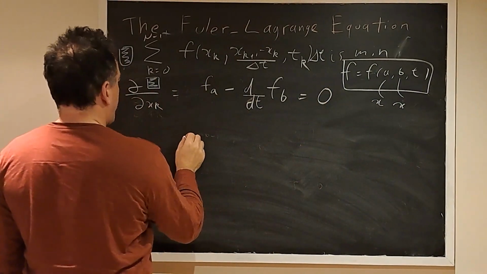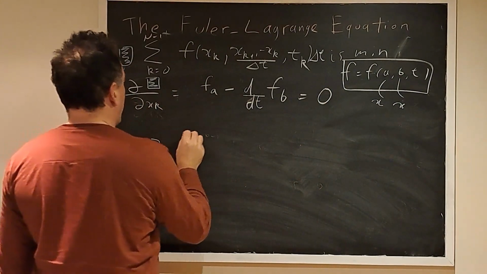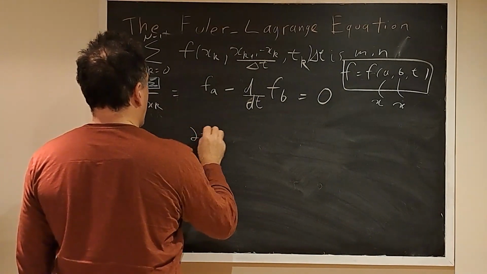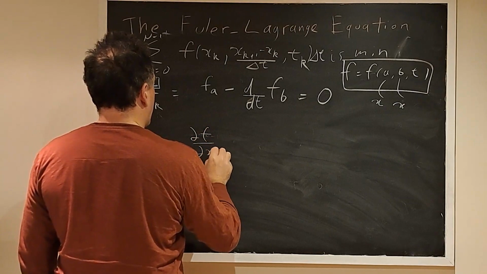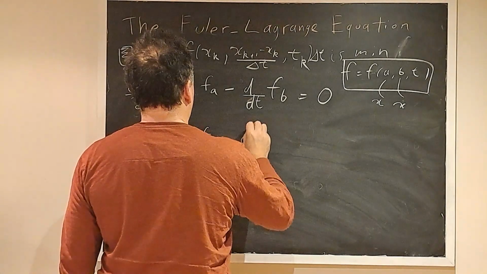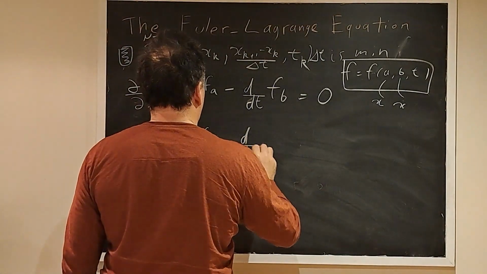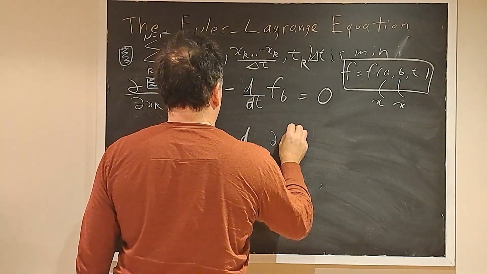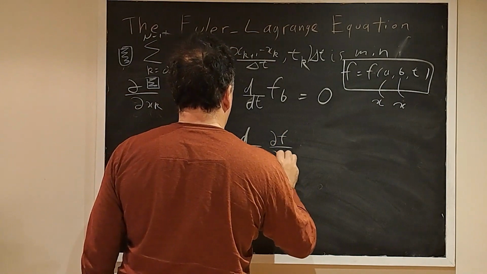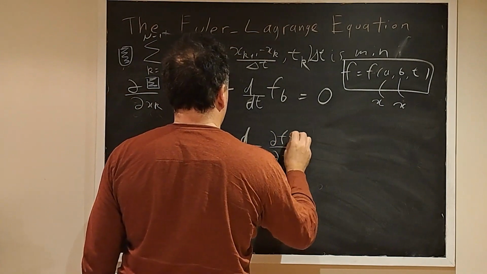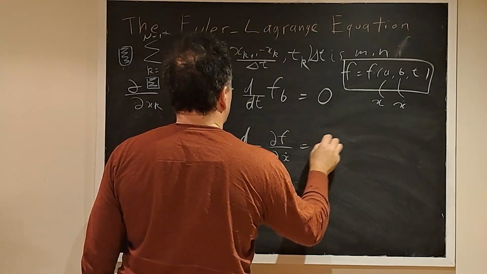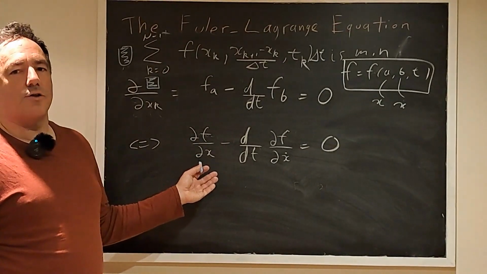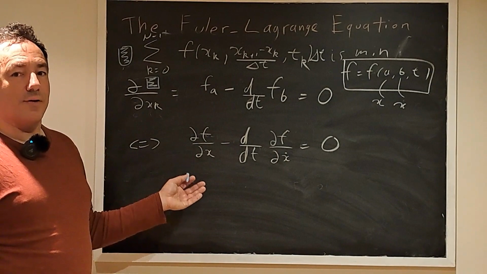So this is equivalent to the fact that del f del x minus the derivative with respect to time of del f del x dot is equal to 0, which are the standard Euler-Lagrange equations. And that's it for today.